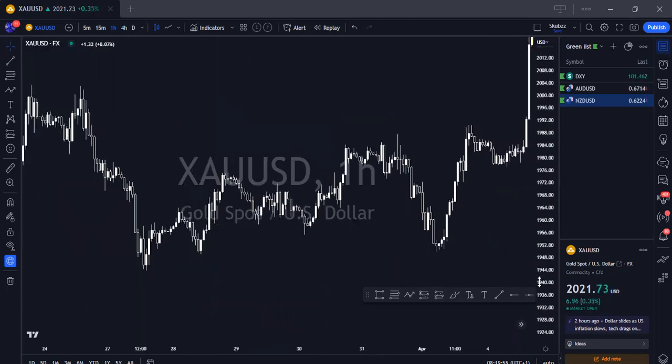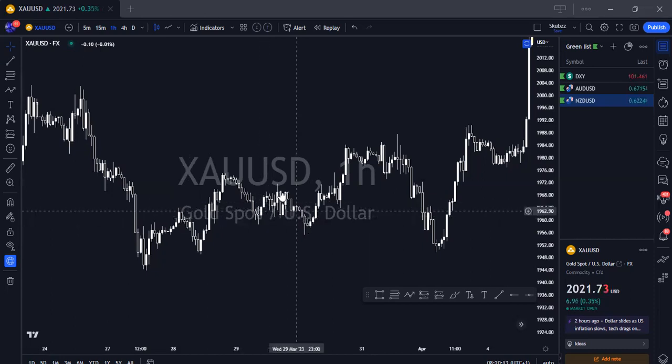See what happened here, after this W that formed. It went up and formed a higher high, then a higher low. After it formed the higher low, it formed another higher high.